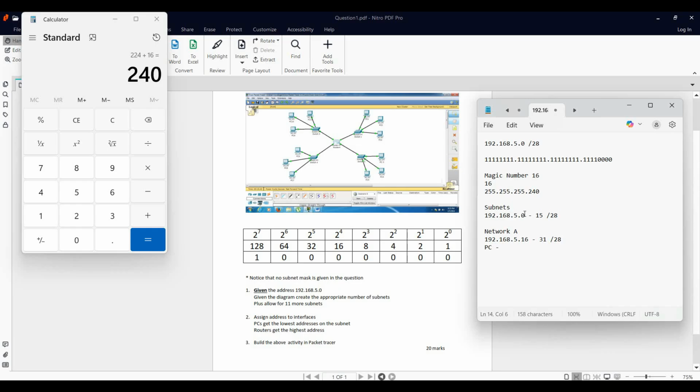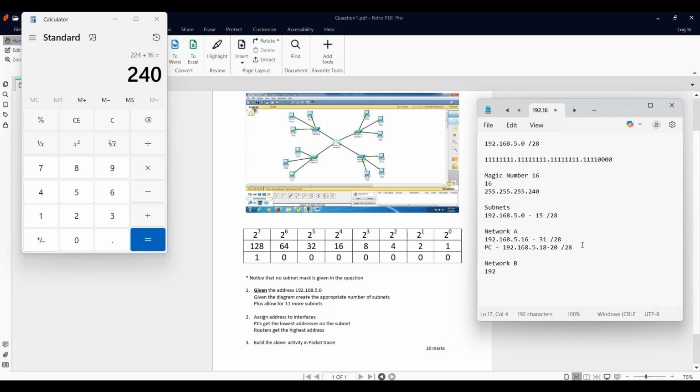So the PCs would be 192.168.5.17 to 19, slash 28.